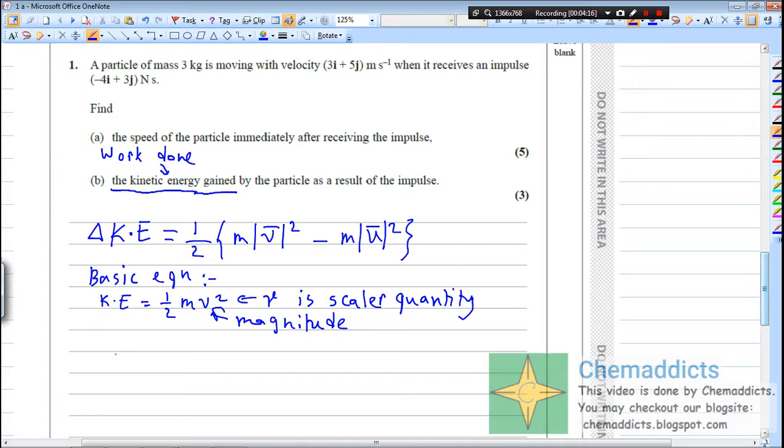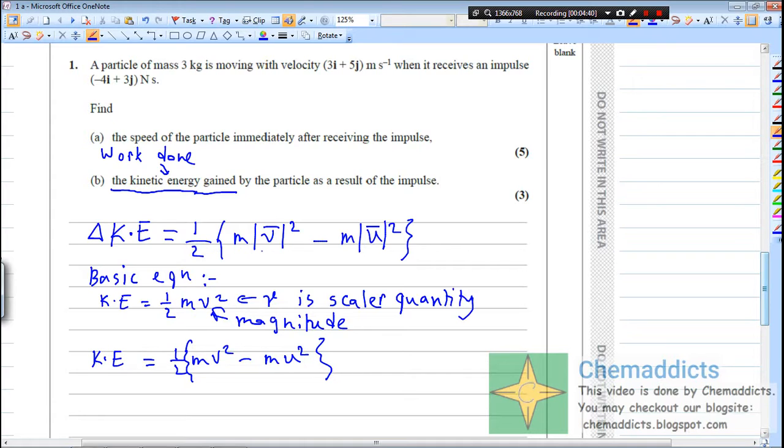So if we write it like this, it ends up as half m v squared minus half m u squared, as simple as that. This is the basic equation for this.